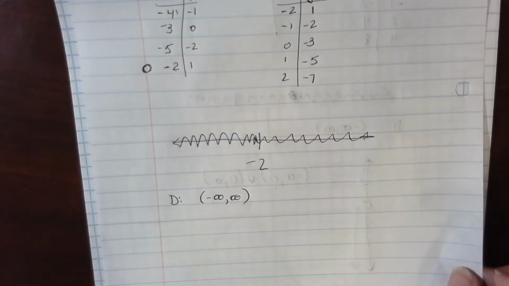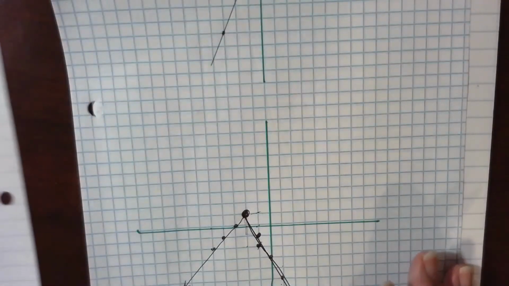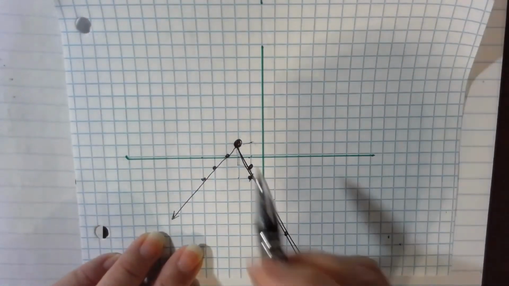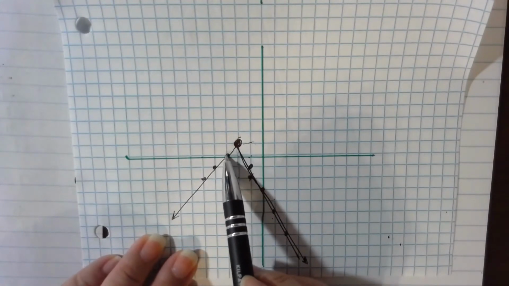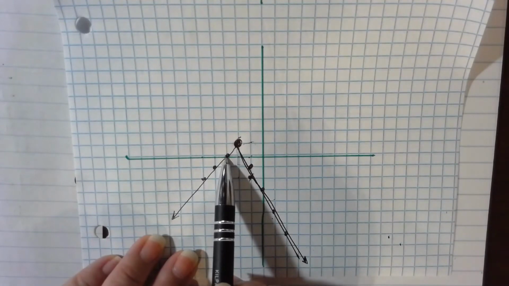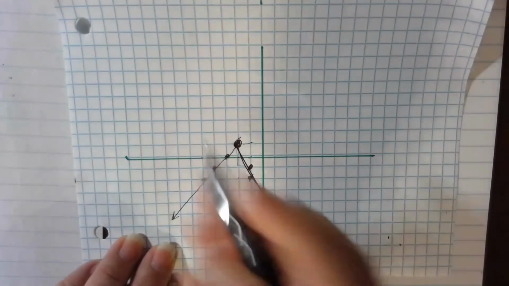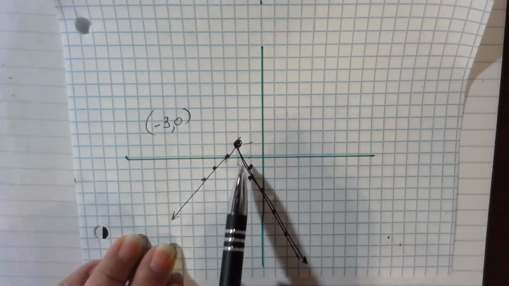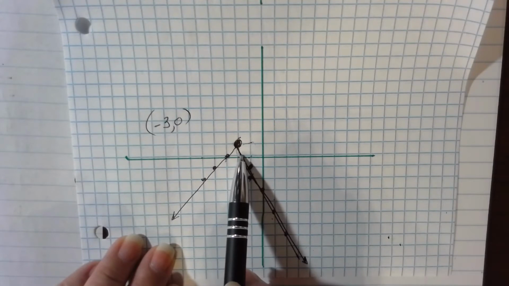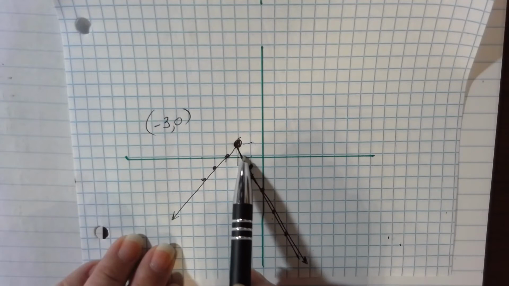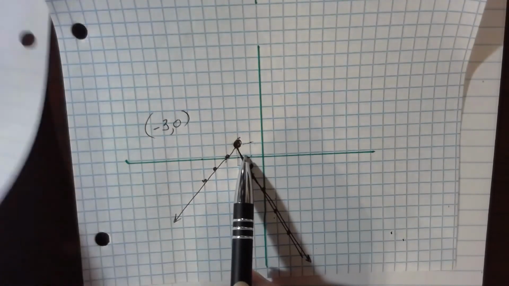All right, the next question is to find the intercepts. All right, let's go to the graph. I have to figure out where it crosses the x-axis and the y-axis. Well, I see right here that it crosses this x-axis at -3. See that? So -3, 0 is an x-intercept. I also see it crosses right here, but I can't really tell what that number is. So I think about what that equation was.